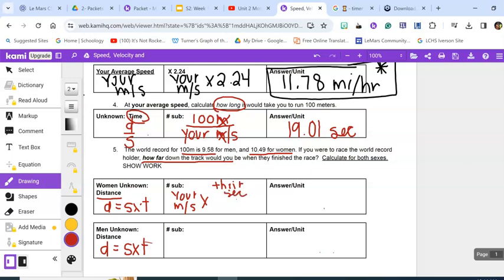And their seconds for the women is 10.49. And their seconds for the men is 9.58.